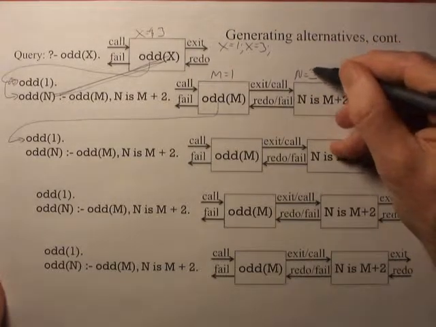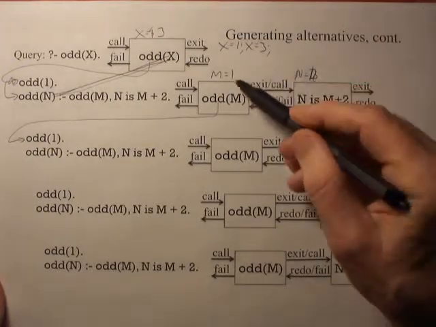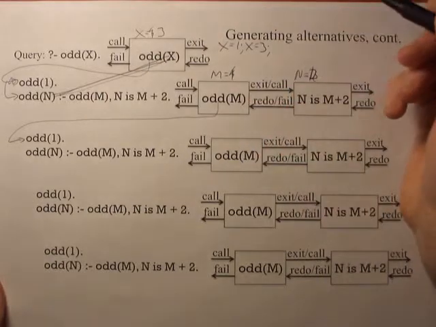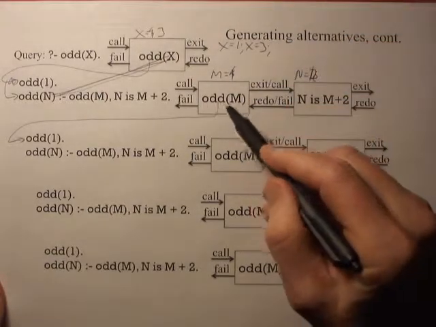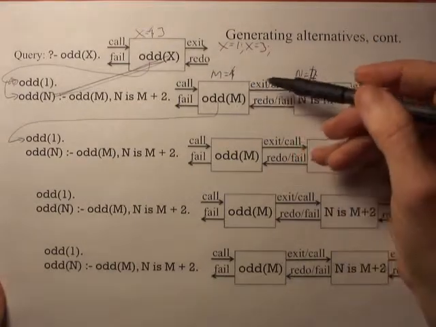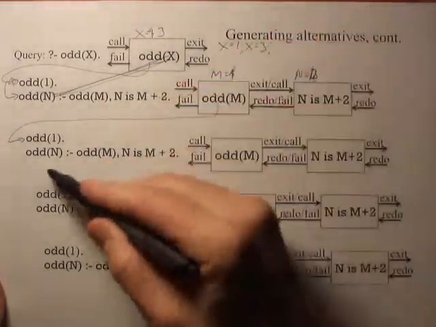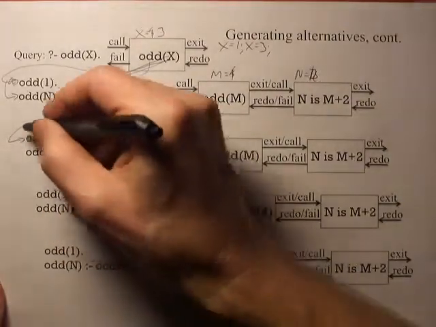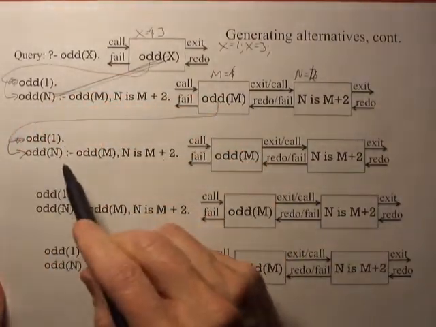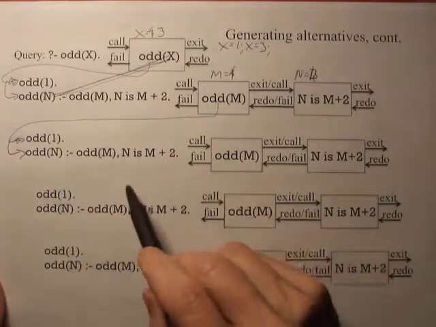So we uninstantiate n equals 3, we go back here to this goal, odd m, we uninstantiate m, and then Prolog says, well, okay, is there another clause for odd that can work? It starts searching, and sure enough, it finds another one right here. So let's adjust the pointer, and now we're here.